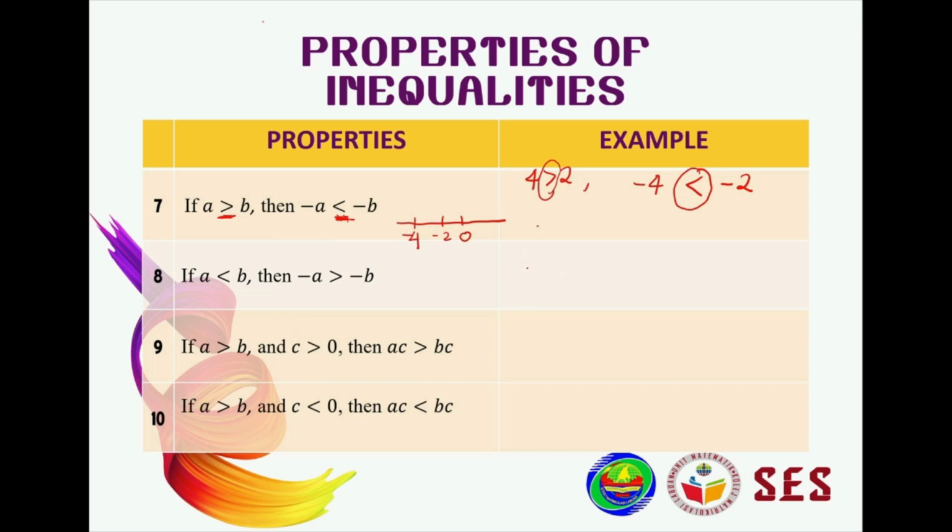Okay? So let's say if I have 2 less than 4, if I multiply 2 and 4 by negative 1, we should get negative 2 and negative 4, right? If I draw the same number line like this, we know that negative 2 is bigger than negative 4. So the sign should be like this. So now you see, we can conclude that if we multiply an inequality by a negative number, the direction changes.